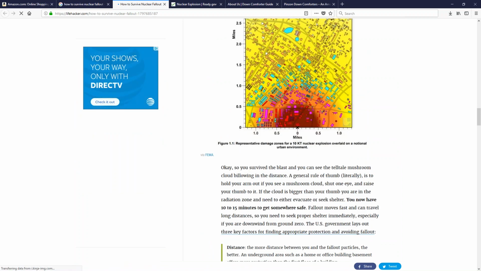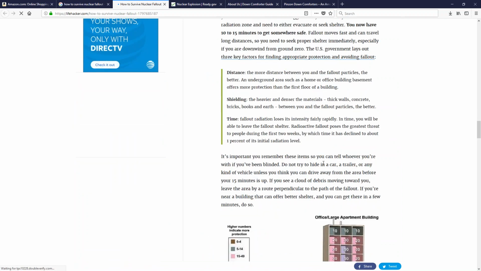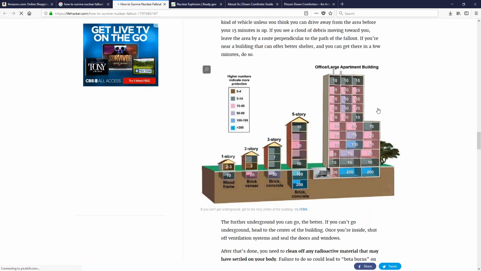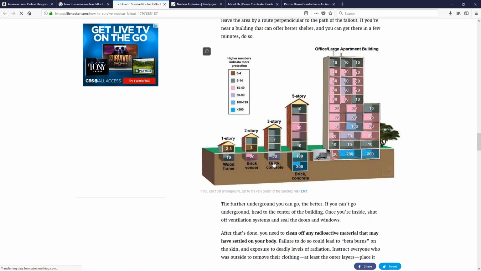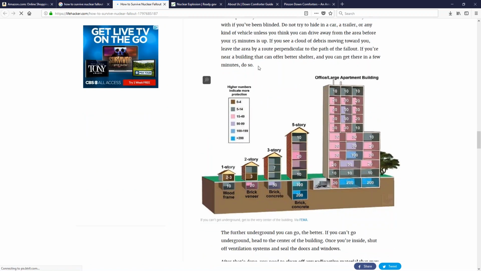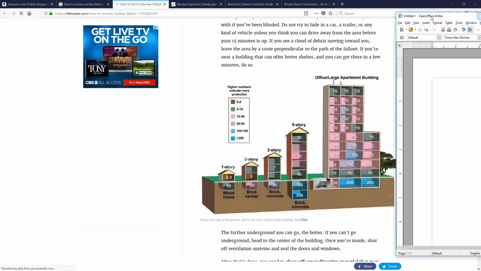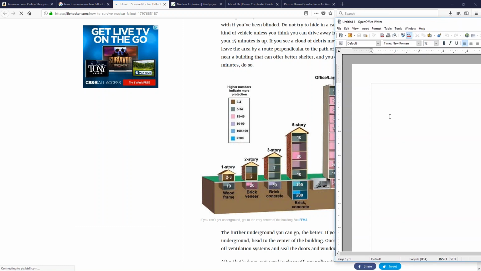So it's really going to be more about if you're going to be exposed to this type of stuff, how can you protect yourself? So here is one set of information. Your location in a home or building obviously seems to make a big difference.